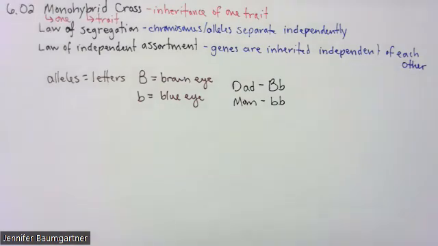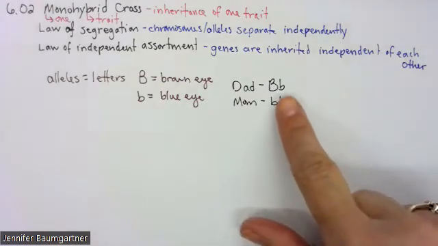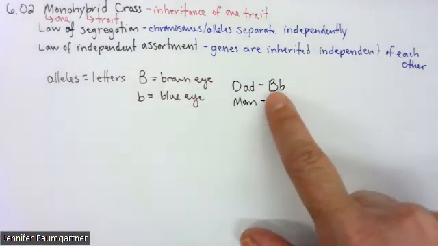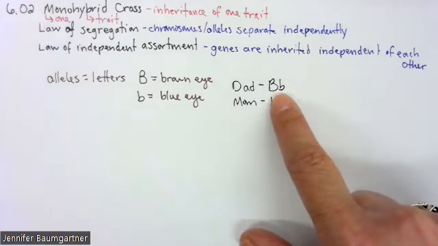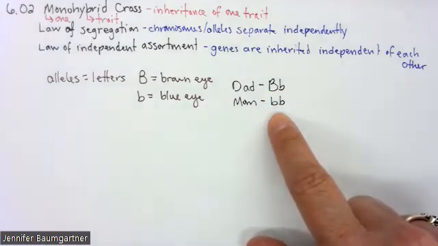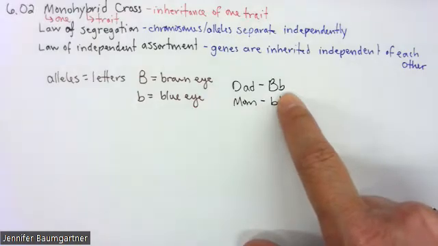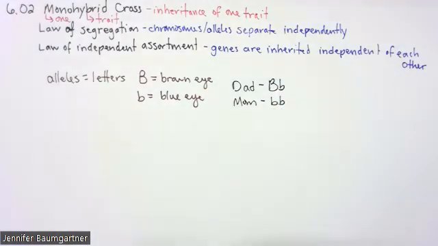So back when we did meiosis, we saw that when gametes form, so if this is dad's genotype and this is mom's genotype, this is on a pair of homologous chromosomes, and they would be on the same one, like maybe it's number 15. I don't know the number. But one of the homologous pairs would have an allele, capital B, and the other would have a lowercase b. So think about it this way.